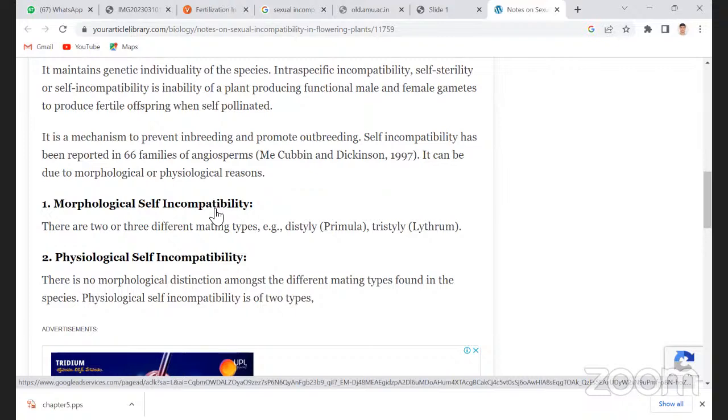Self-incompatibility has been reported in 66 families of angiosperms, as reported by Me, Cuban, and Dickinson in 1997.